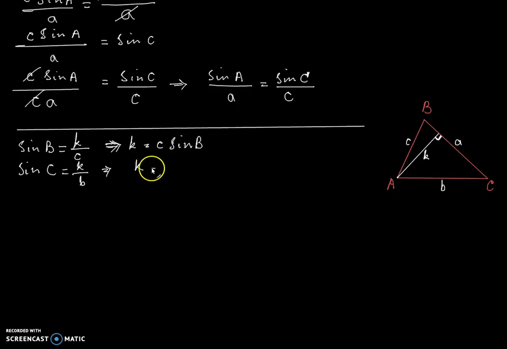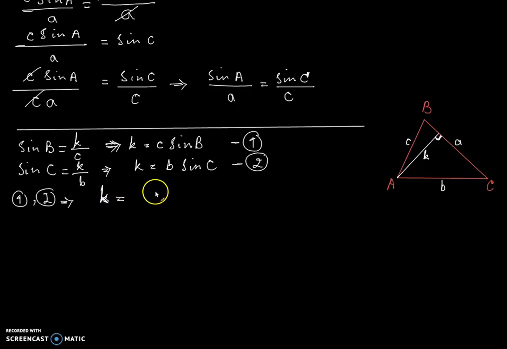So K would be equal to b sine C, right? If I call this equation number 1 and this equation number 2, then 1 and 2 give K is equal to c sine B is equal to b sine C.